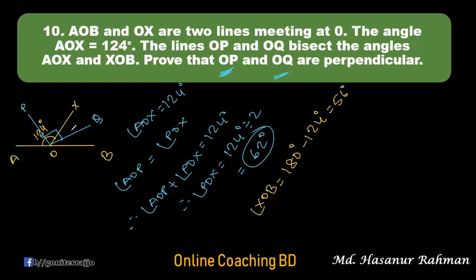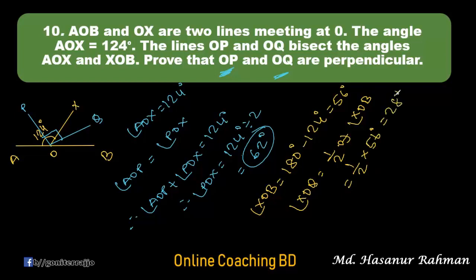And since OQ bisects angle XOB, we can say angle XOQ should be half of angle XOB. The value of angle XOB is 56 degree, so if we divide 56 by 2, we'll get 28 degree.